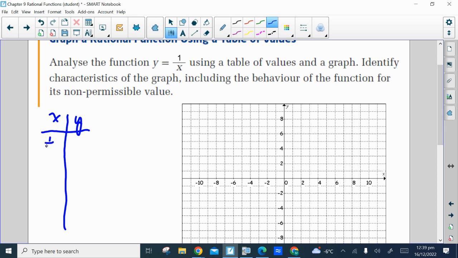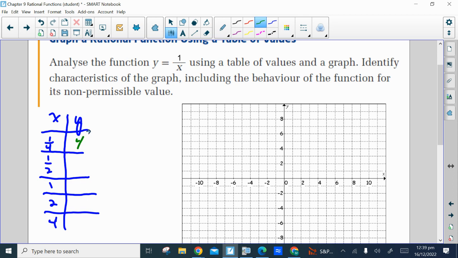So what happens when x is something like a quarter, and then a half, and then 1, and then 2, and then what about positive 4? What happens to the values of y for these values of x? Well, the first one, when x is a quarter, y will be 1 divided by a quarter, which is the same as 1 times 4 over 1, multiplied by the reciprocal.